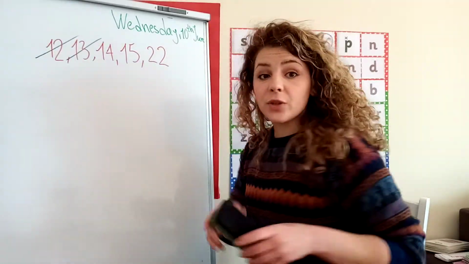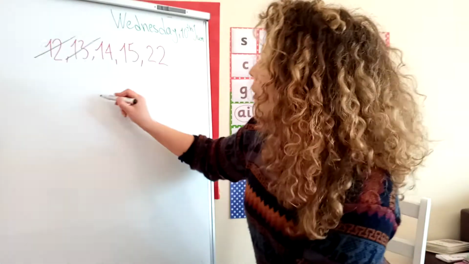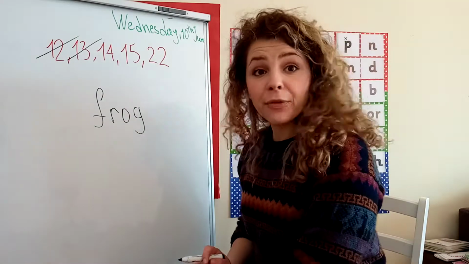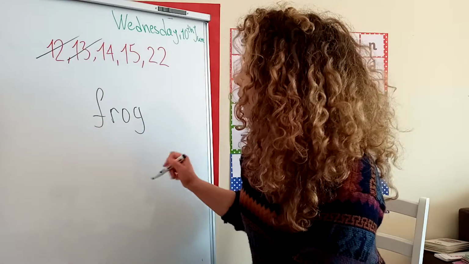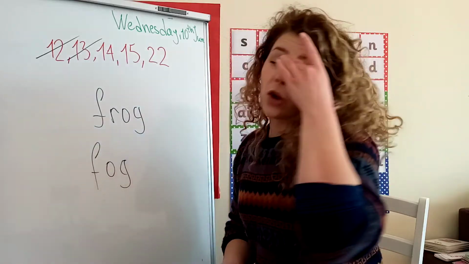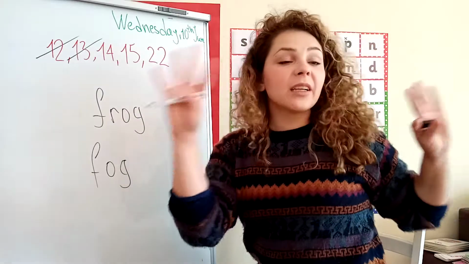Okay, so I'm going to use the words that you have here in this task. For example, the word frog. Okay, frog. And right next to the word frog, I'm going to write the word fog. Okay, so fog is when you go outside, but you can't really see clearly what's around you.